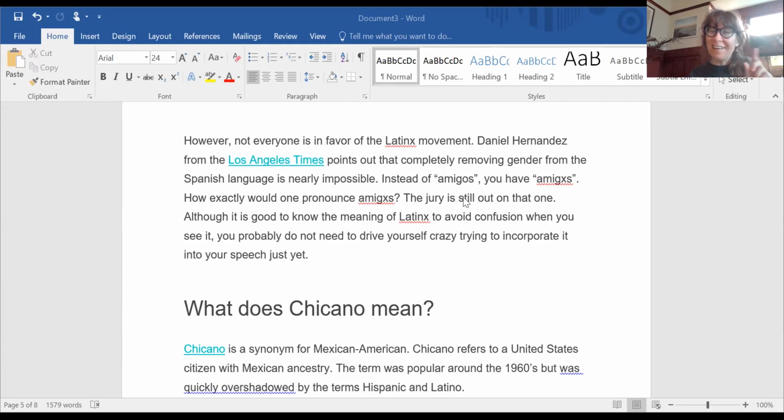The jury is still out on that one. Although it's good to know the meaning of Latinx to avoid confusion when you see it, you probably do not need to drive yourself crazy trying to incorporate it into your speech just yet. So this person in this article says that Latinx is a little controversial because some people are like, gender is part of the Spanish language and you can't just take it away.